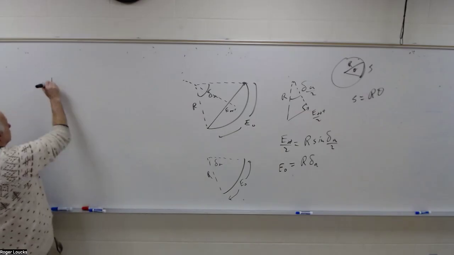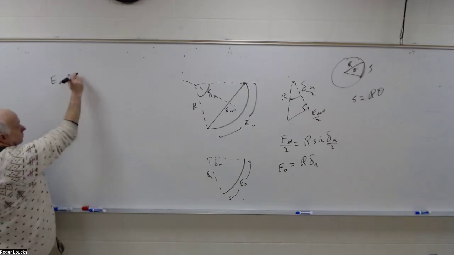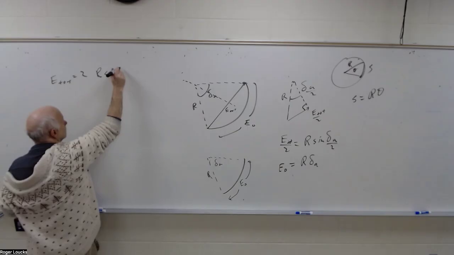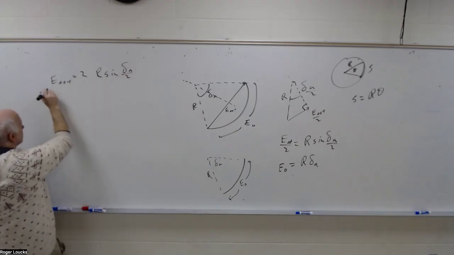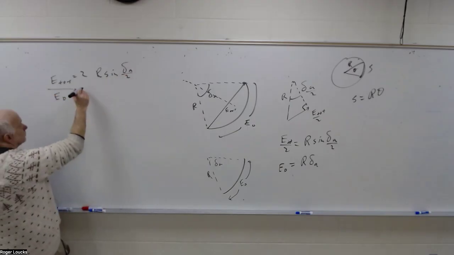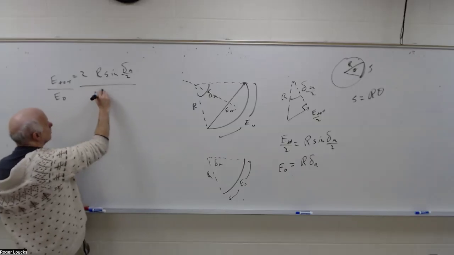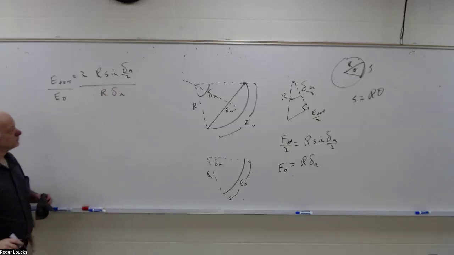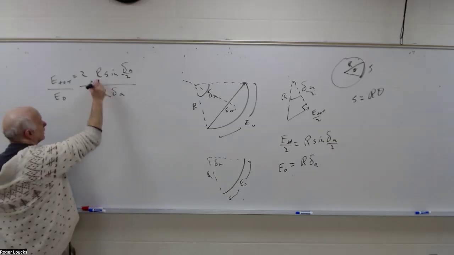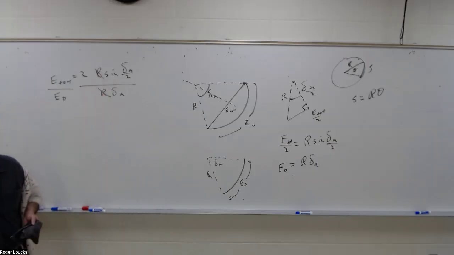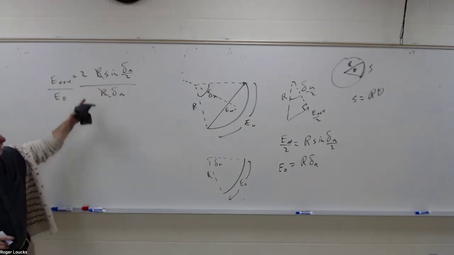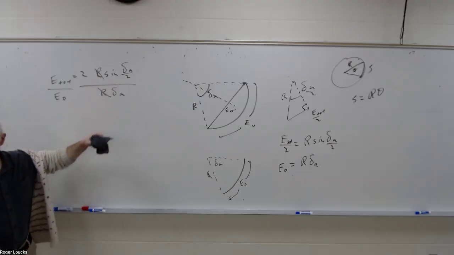I can now look at the ratio: E total, which is 2R sine delta A over 2, divided by E naught, which is my R delta A. R cancels.